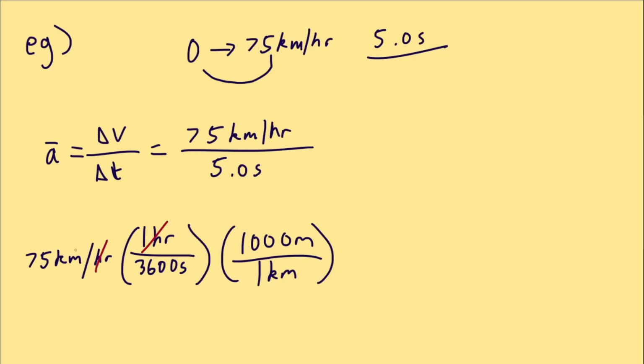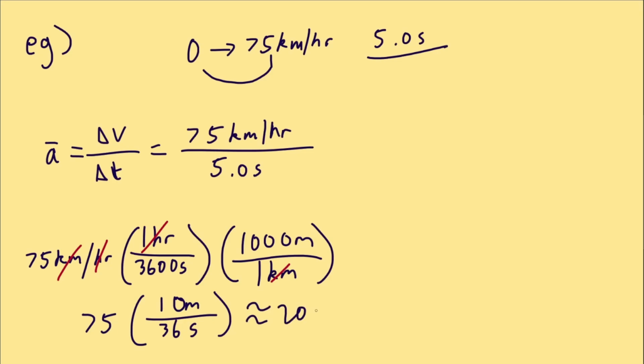Do your cancelling and you end up with 75 times 10 meters per 36 seconds. Put it into a calculator, you get roughly 20.83 meters per second.